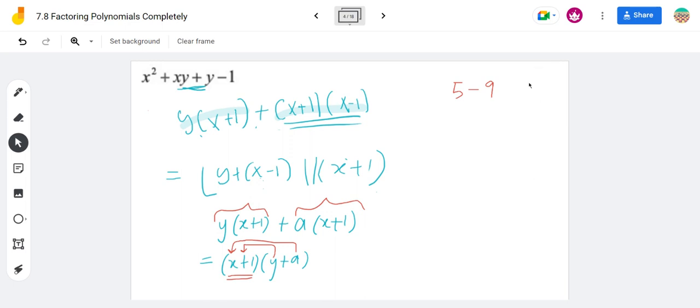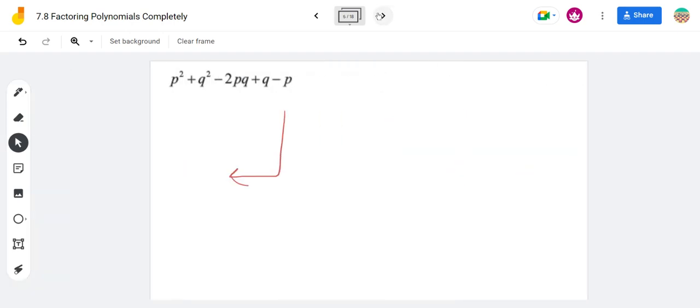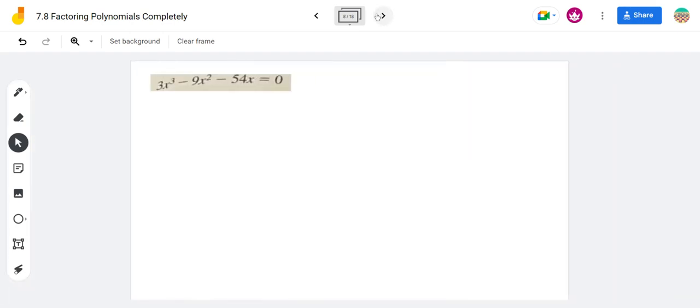So for this whole slide of 7.8, you can do all of them, or if you need to go to sleep, you can just do whatever you think is enough for you, from question 8 to question 18.